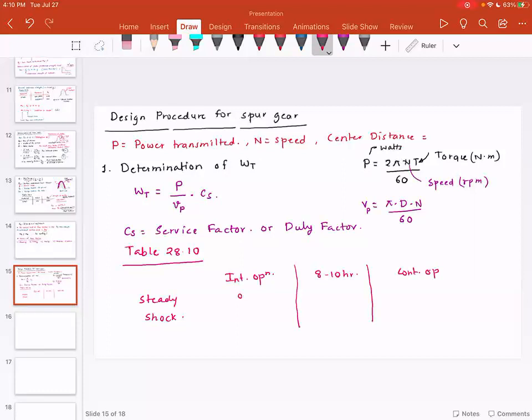For example, if you have steady, it is 0.8, usual 8 to 10 hours, it is 1, and for continuous operation, it is 1.25. If you have shock, then it's 1, 1.25, and 1.54. They will tell us in the problem what type of duty cycle the gear is supposed to have, and whether it's going to be intermittent or continuous operation. So with this, we can find out the value of WT.